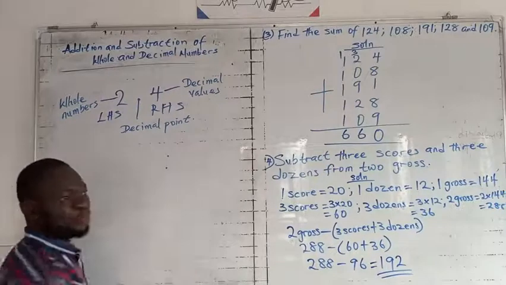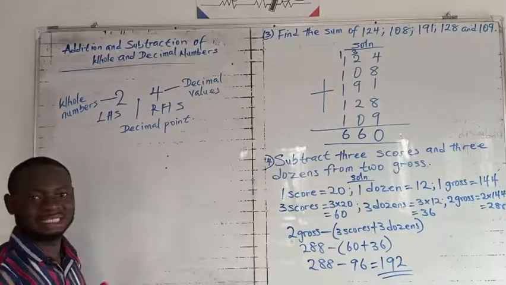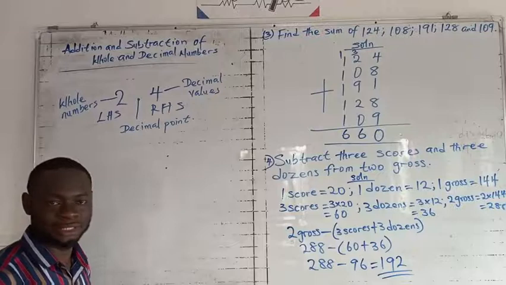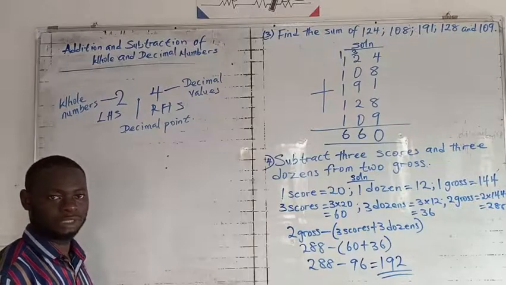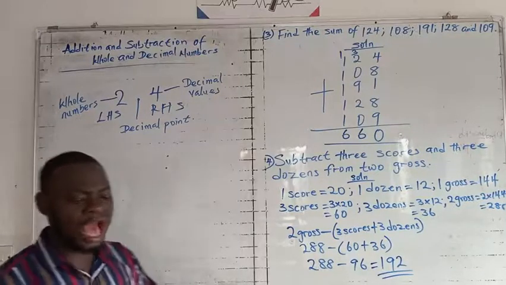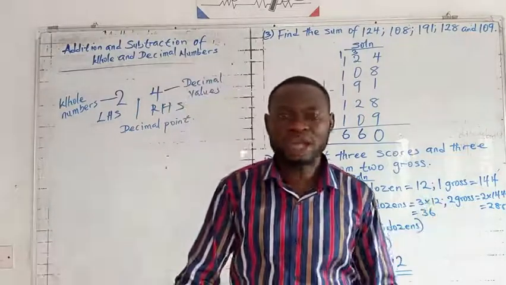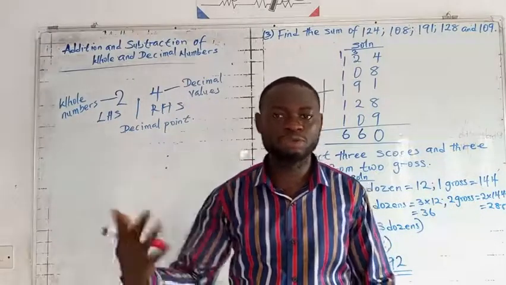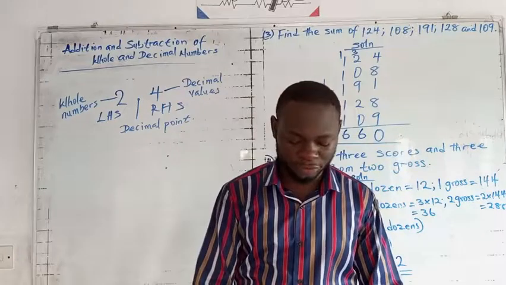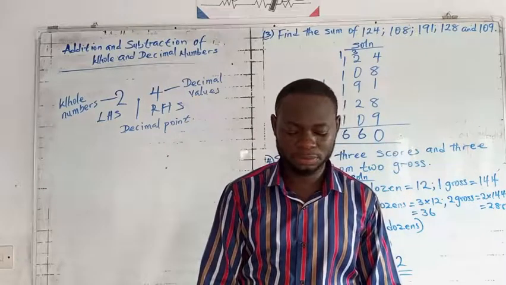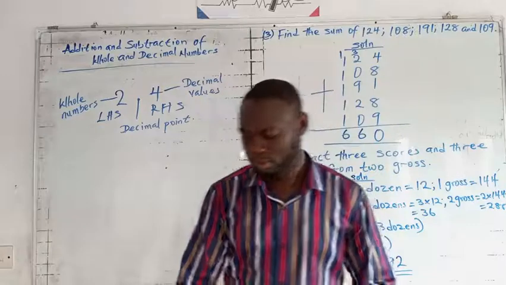The decimal value part will start from tenths, hundredths, thousandths. Is that understood? Once we arrange them properly, we then do our addition and subtraction of the given numbers.